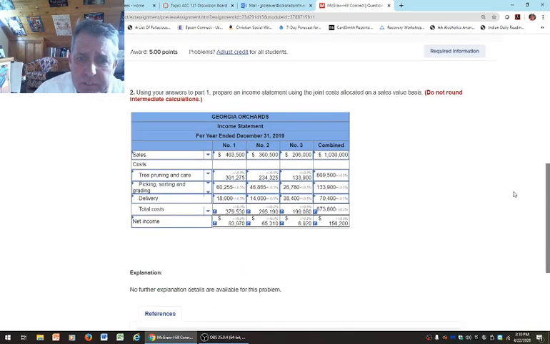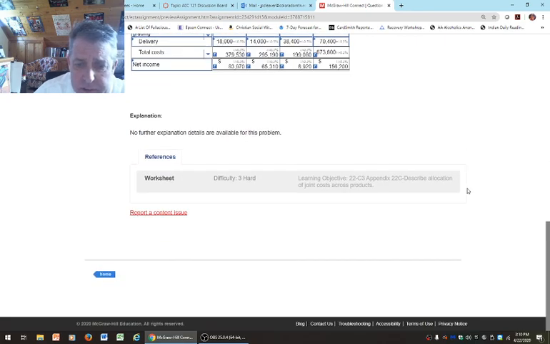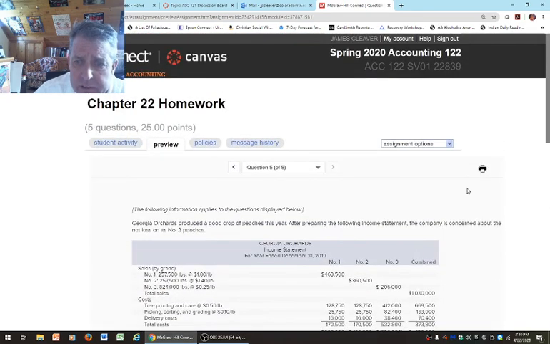Okay. Here's number 5. They have 1s, 2s, and 3s. I suppose the 1s go into jelly, and the 3s are... No, it looks like the 3s go into jelly. They're the cheap ones. Okay. That's chapter 22.